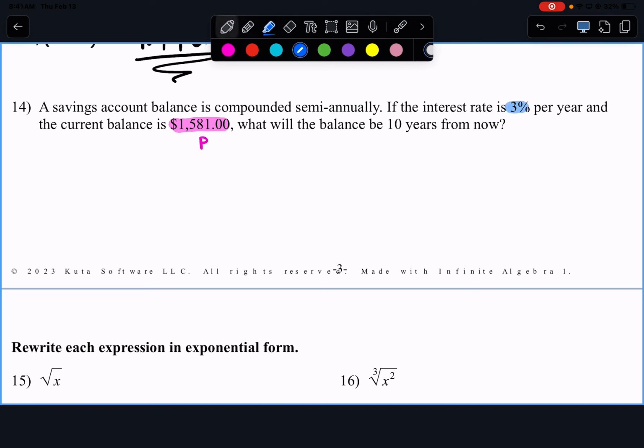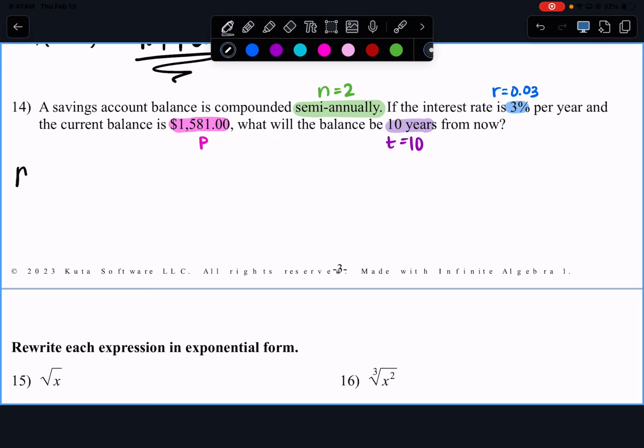So R equals 0.03. What is our N? Semi-annually tells you N, and so N is 2. Then T is 10. So we have everything we need to plug in.